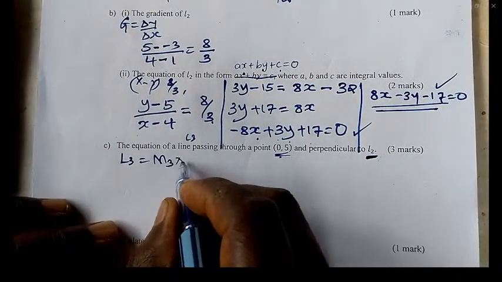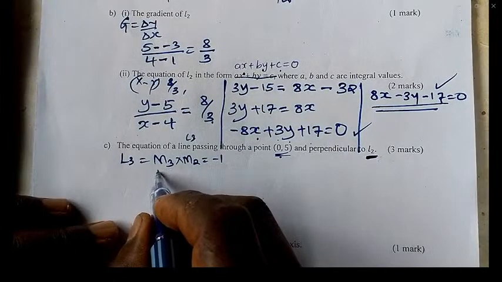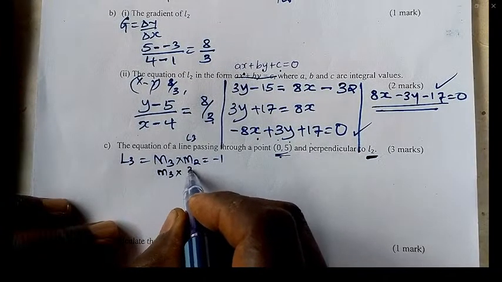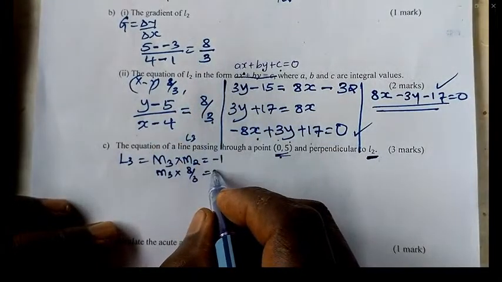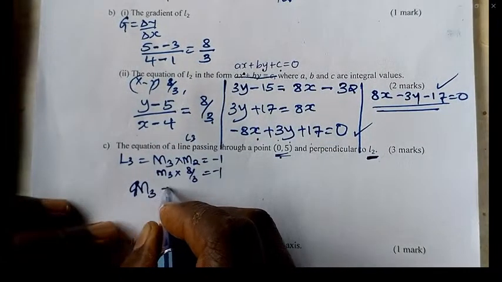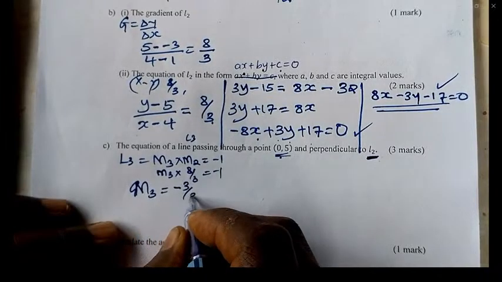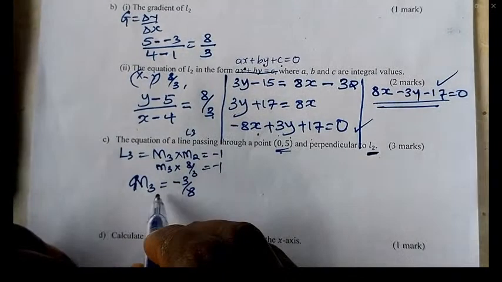So M3 times M2, the answer should be negative 1. That is M3 times 8/3 for L2, the answer should be negative 1. So you realize the gradient M3 is negative 3/8, the negative reciprocal. So we have the gradient of M3.